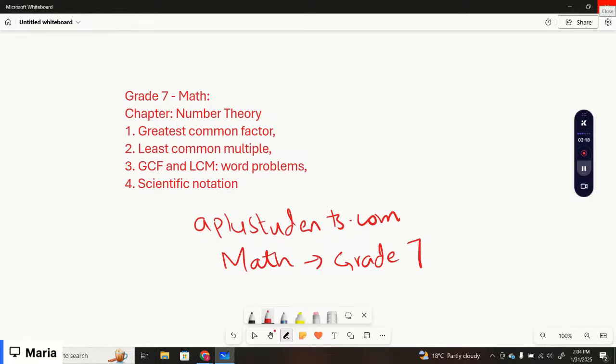The lessons we're going to cover today are greatest common factor, least common multiple, GCF and LCM word problems, and scientific notation.